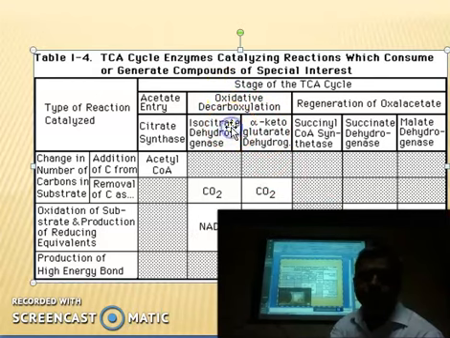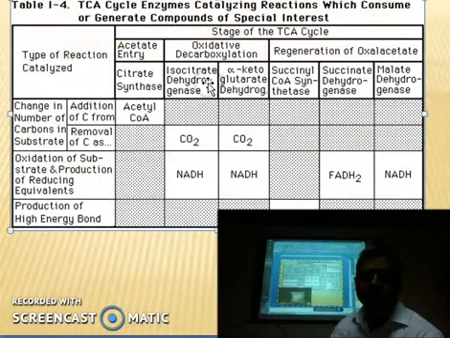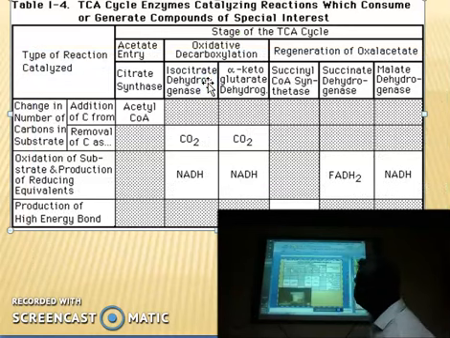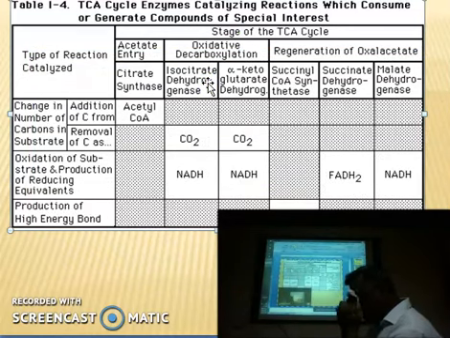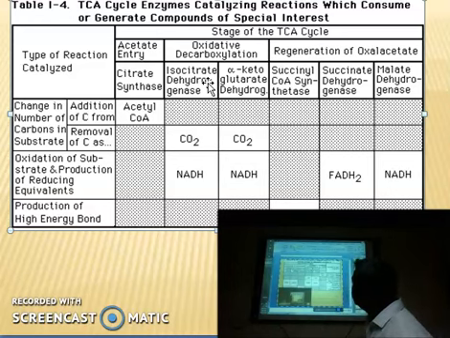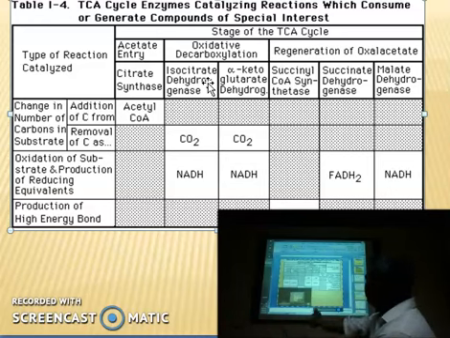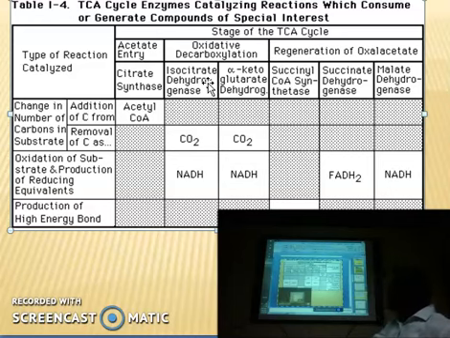Okay, so you have to understand the TCA cycle enzyme-catalyzed reactions. In the TCA cycle, acetyl-CoA is consumed or generates compounds of special interest, and you will find these degradations or syntheses.